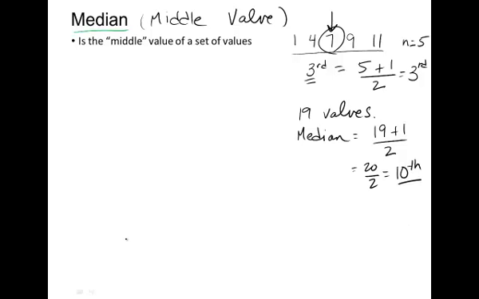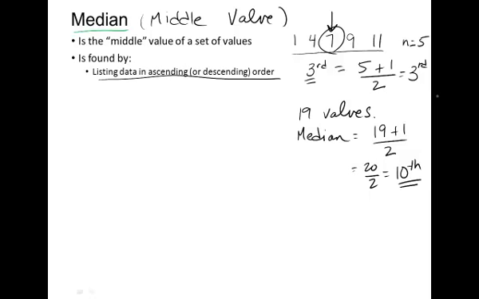So whatever the 10th value is, if it's listed from low to high or high to low, either way is fine, it's going to be the 10th value. So again, we list the data in order. If it's not in order, then the median that you calculate will be wrong if you're using this formula.